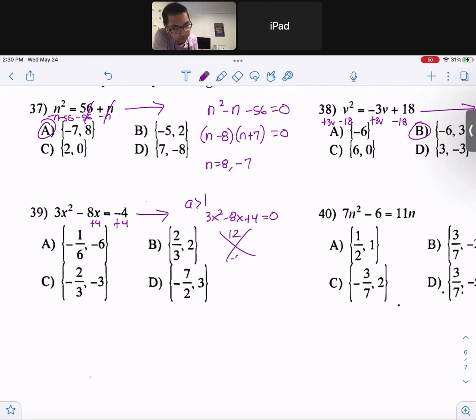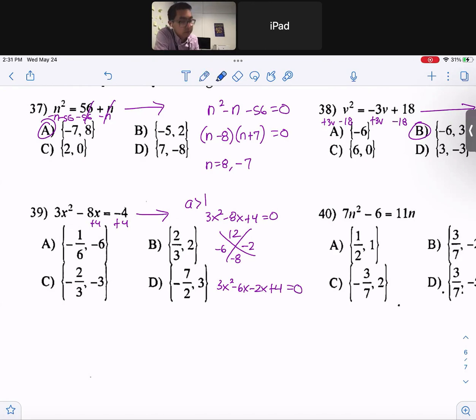The b is negative 8. The two numbers that multiply to 12 but when added together are negative 8 are negative 6 and negative 2. Because a is greater than 1, we need to factor this by grouping. So 3x squared minus 6x minus 2x plus 4 equals 0.